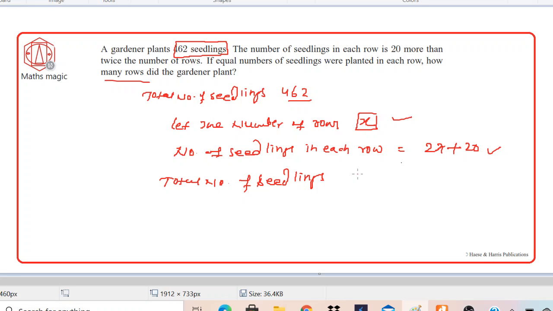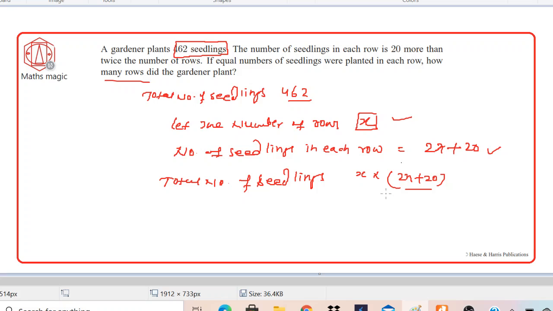It's going to be x times (2x plus 20), because in one row we have this many seedlings, so in x rows it's going to be x into (2x plus 20).